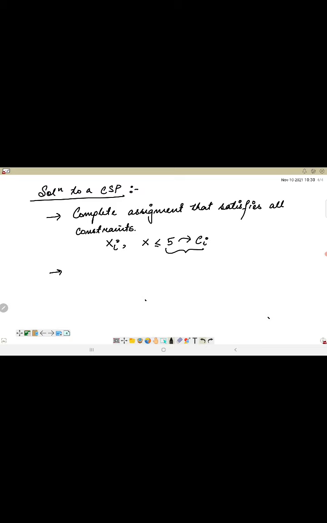The other definition is a solution which maximizes an objective function. The objective function can range from your heuristic values in addition to your actual cost. If we are trying to maximize the objective function, that also leads to the solution of a CSP. So a solution can be defined in these two ways.